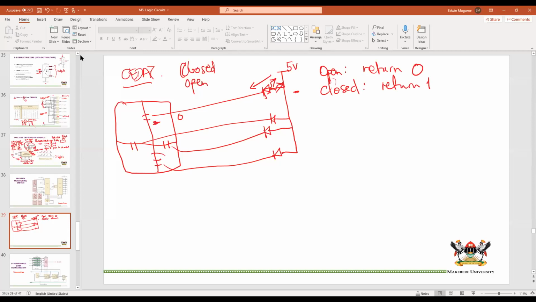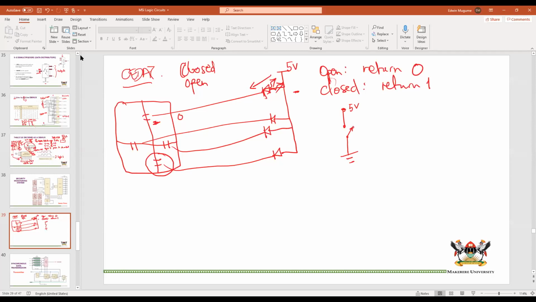Before we leave this explanation, let us look at how you might connect this. You could say that when it's open, you return a 0. So you could have 5 volts somewhere here, and you have that, and yes, you can have this.